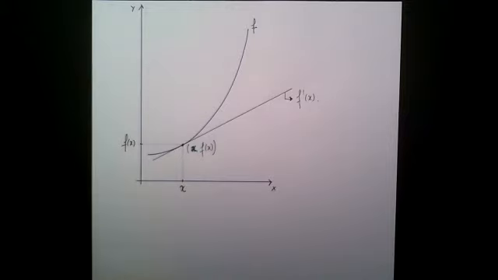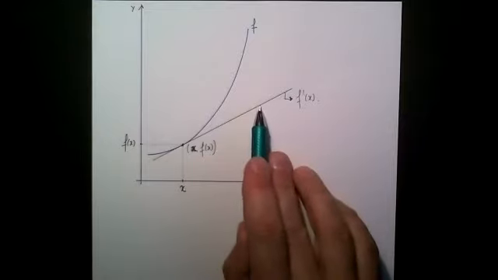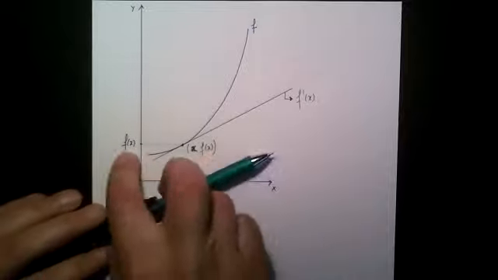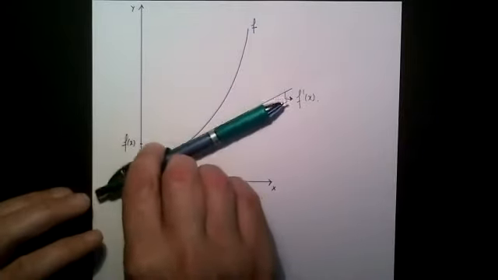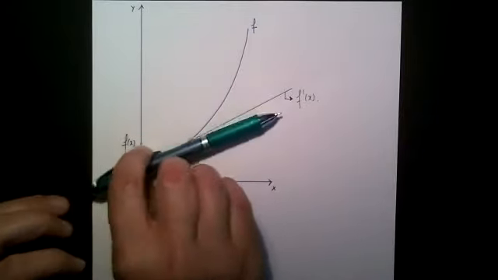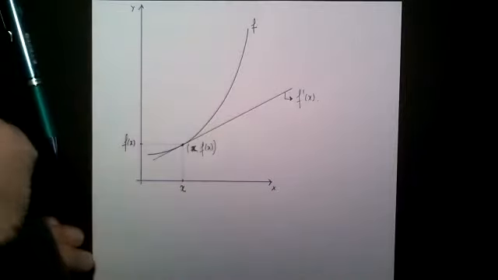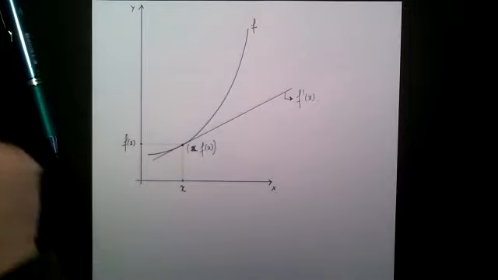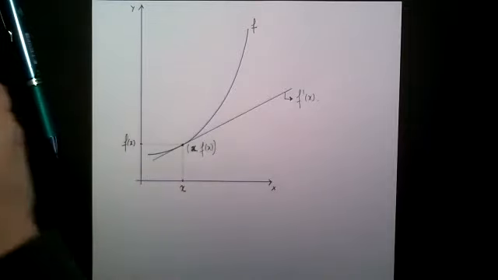Good. So I need to find a way to get to this slope. It's very difficult because this is curvy, and so I don't know how to estimate how slanted this is. So I'm going to try to estimate that value.